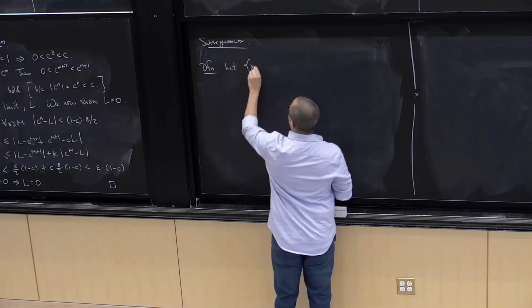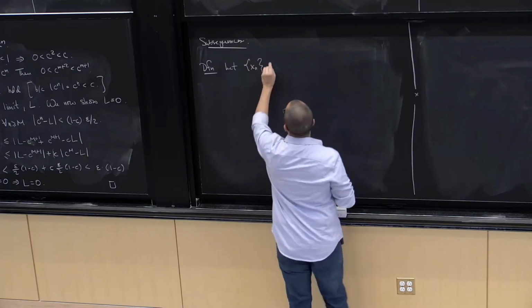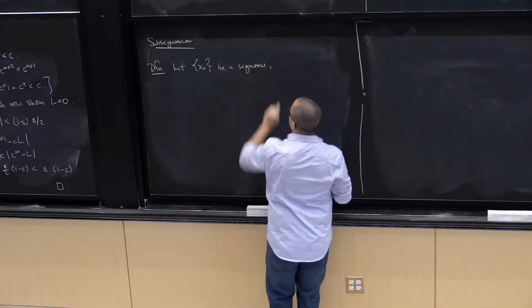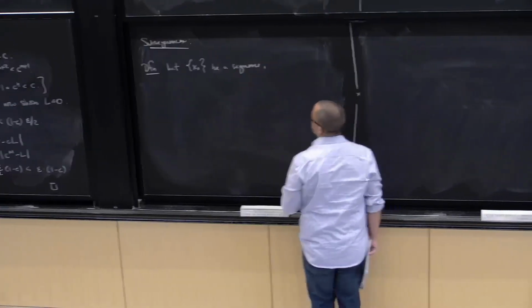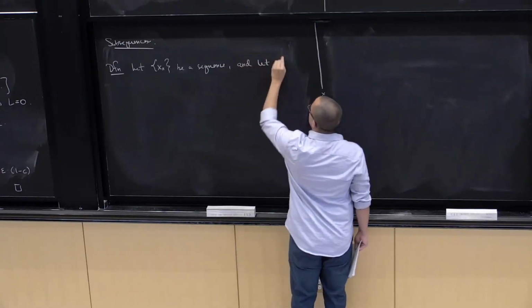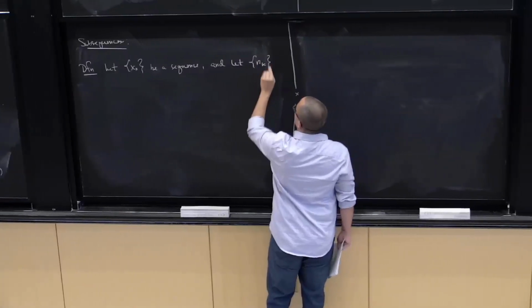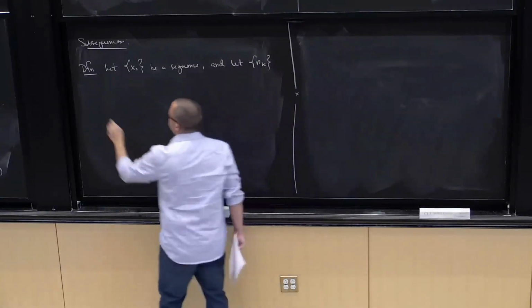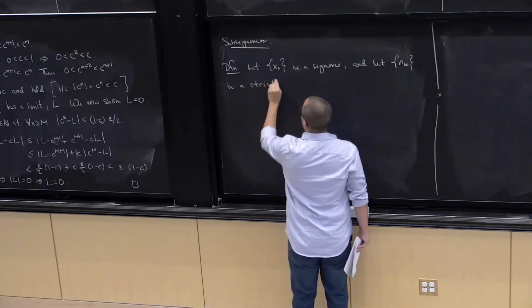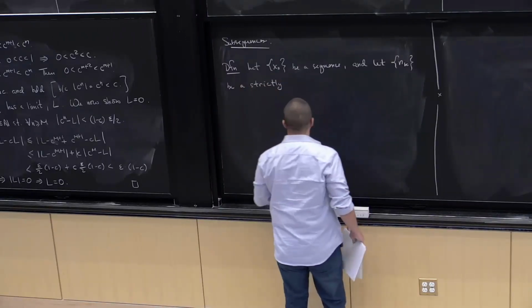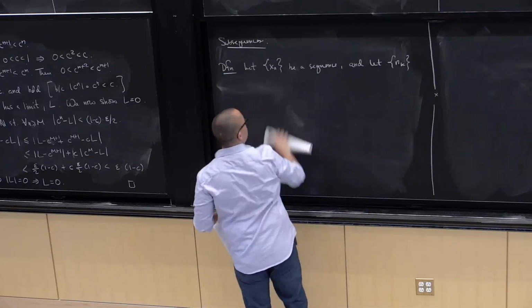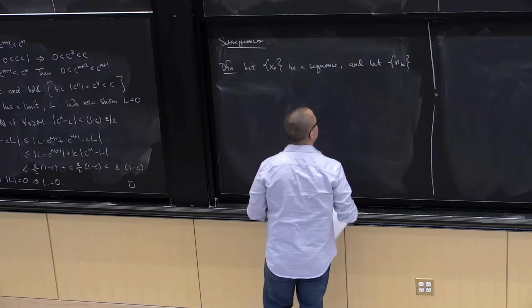So we start off with a sequence, and an increasing sequence of integers, n sub k. So let me just say what this means rather than write out the word and then say what it means.